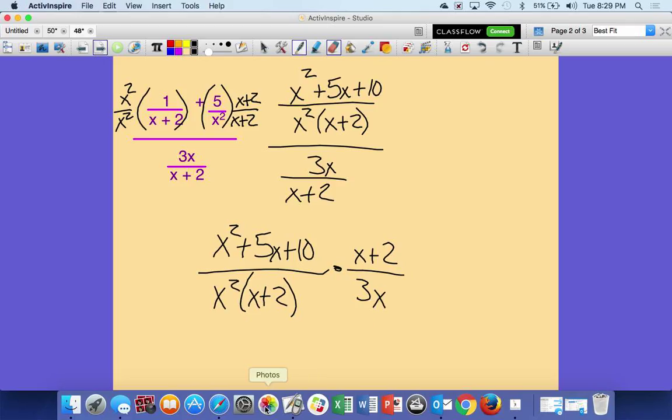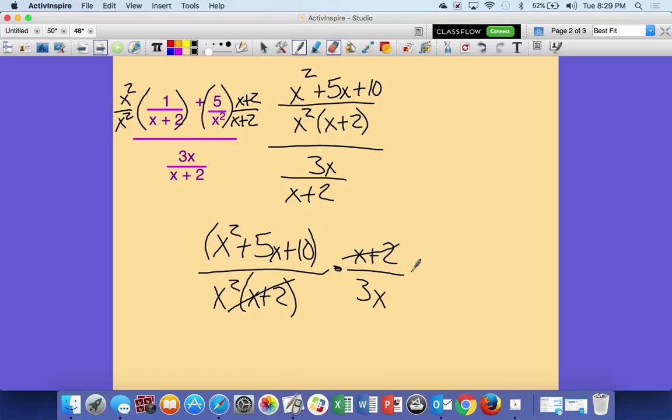Now we can see that x plus 2 is going to cancel with that x plus 2. Is there anything else we can do? Sometimes we have to check and see if this can be simplified. In this case it can't, so we're good. Do remember though that x squared and that x squared cannot be simplified, because those are all being added together, those are in parentheses.